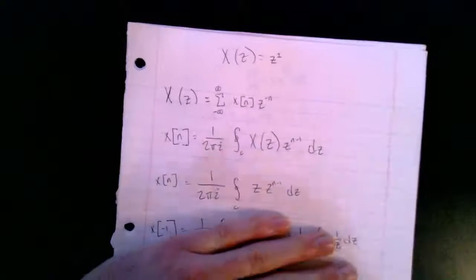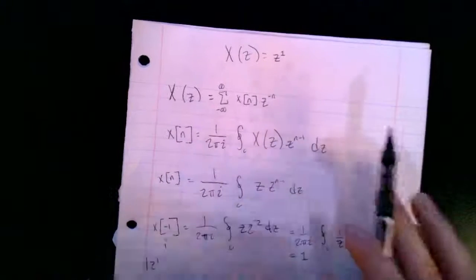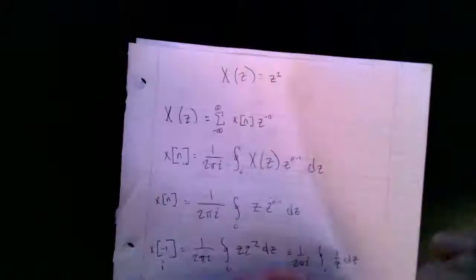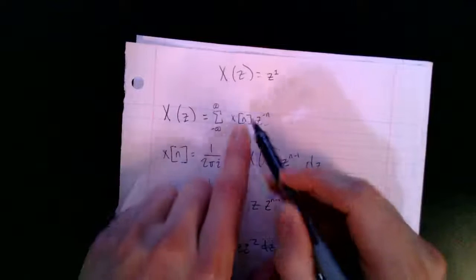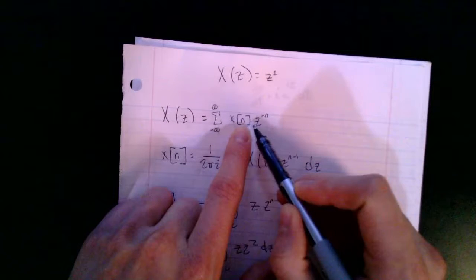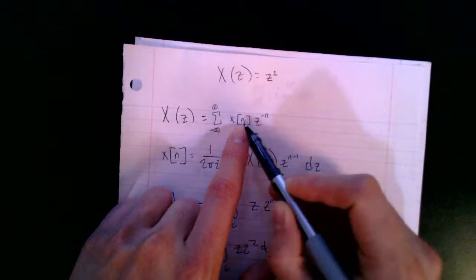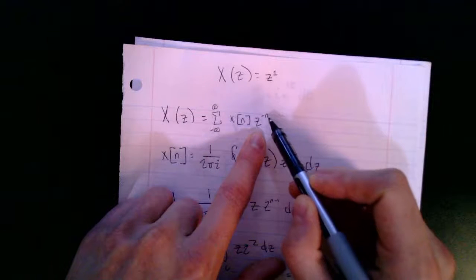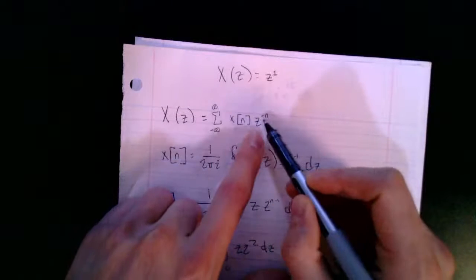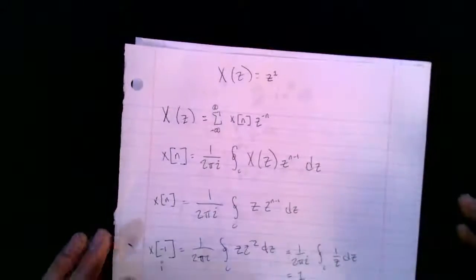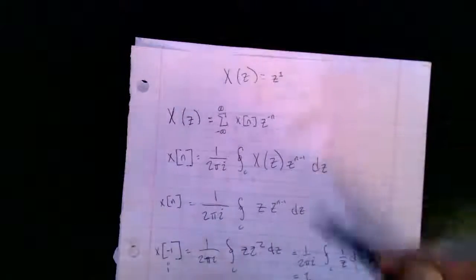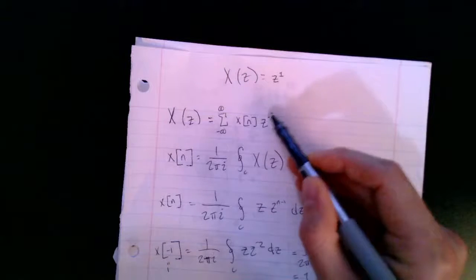One thing I want to give a heads up on is that these go opposite of each other. As n increases here, it goes the opposite direction there. So as n goes up, z goes to the negative n, so 1 over z or whatever. And in a power series, as you're typically used to, these are all positive powers.